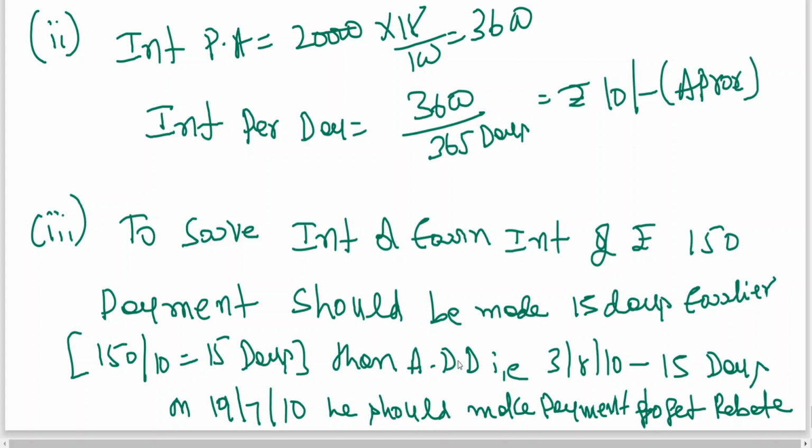That is 15 days before average due date, 3rd August 2010 minus 15 days. So on 19/7, you should make payment to get a rebate of 150. Whenever you make payment before the due date, you'll be getting a rebate. So how will you know, sir?